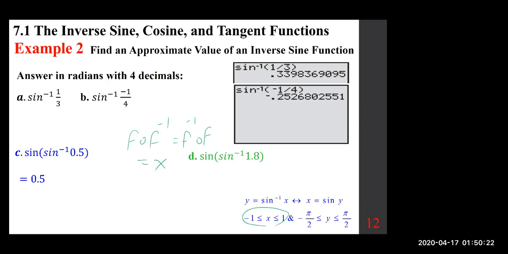In other words, you all remember, sine has a range of -1 to 1. Sine inverse has a domain of -1 to 1. If I have a number beyond 1 or smaller than -1, it doesn't work. So if you change that to 2.8 or 1.1 or -2.1, it doesn't have an answer because it's not within the domain of sine inverse or the range of sine.